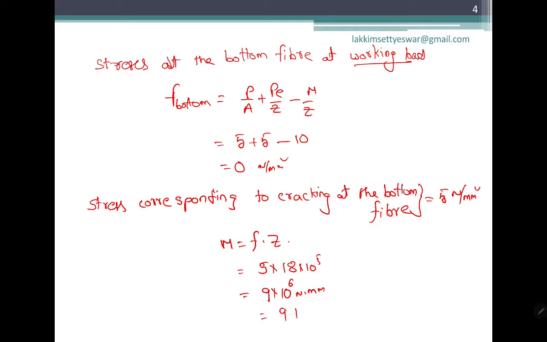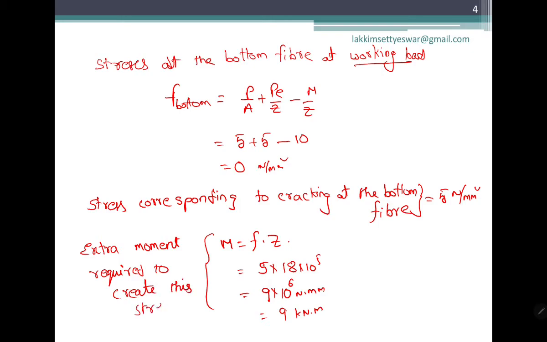So 9 kilonewton meter. So this is the extra moment required to create this stress, meaning the rupture stress. So the extra moment required to create the stress is 9 kilonewton meter.